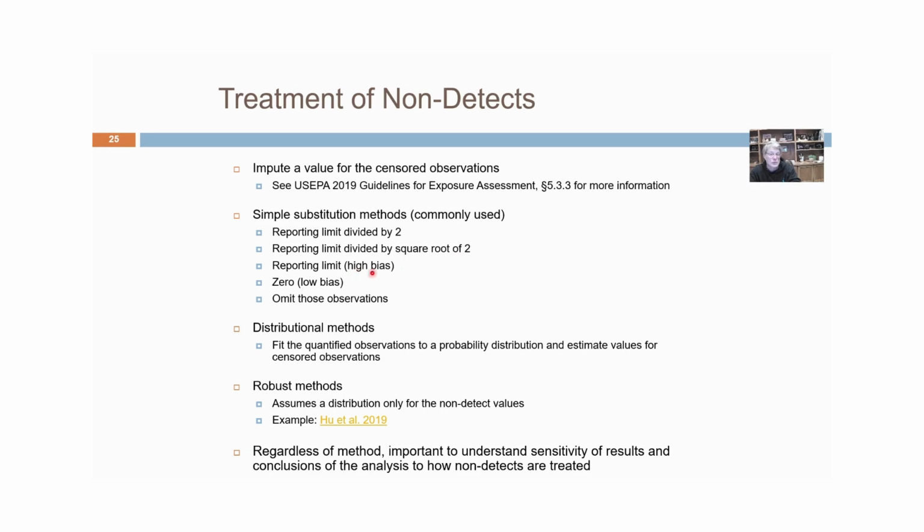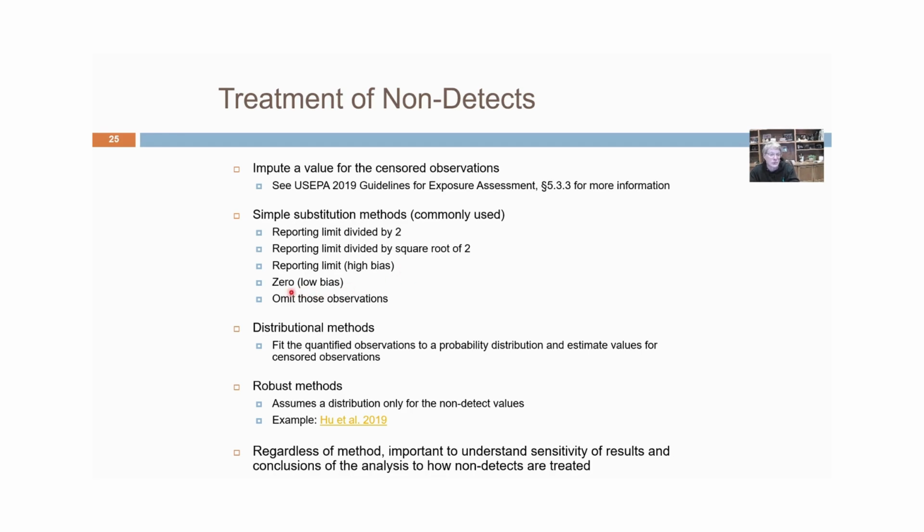Another approach is to use the reporting limit rather than dividing by 2 or the square root of 2. Of course, that's going to bias those observations high, because the whole notion of the reporting limit is to indicate that the amount of the substance is less than the reporting limit. So if you impute with the reporting limit, of course you're going to be biasing those observations a little bit high.